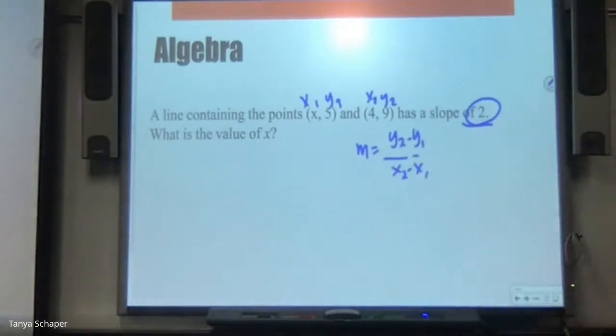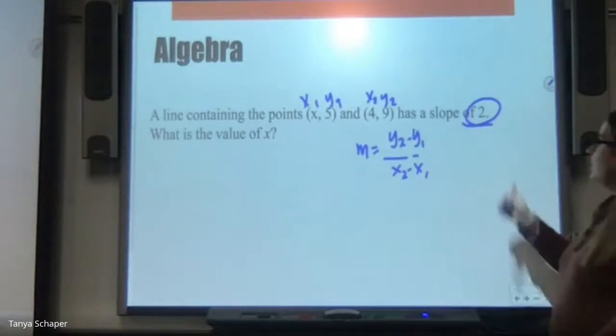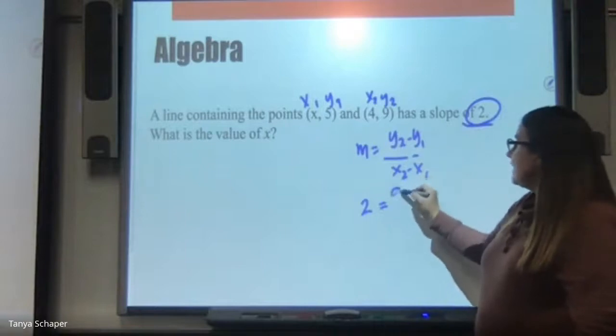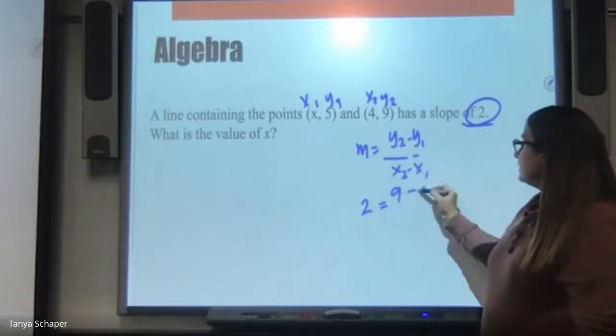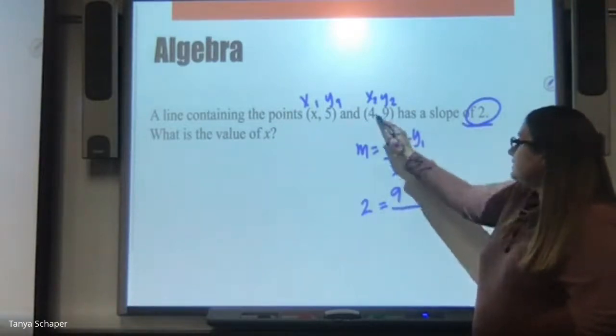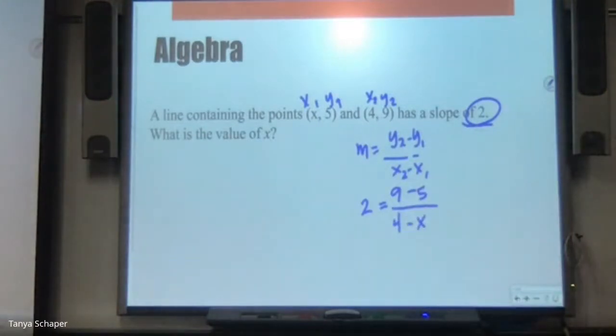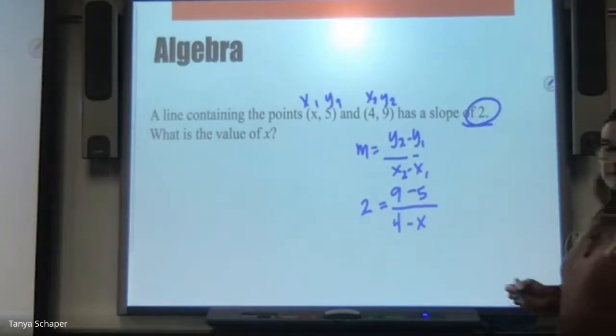I'm pulling back that slope formula and filling in what I know. 2 is m. y sub 2 is 9, y sub 1 is 5, x sub 2 is 4, and I don't know what x is. Okay, I have an equation here now that has only one variable, which means I can solve it.